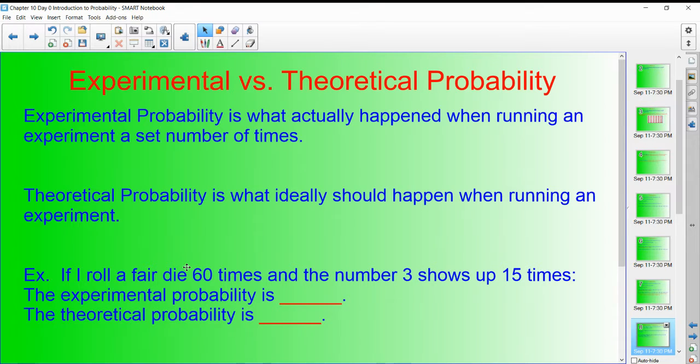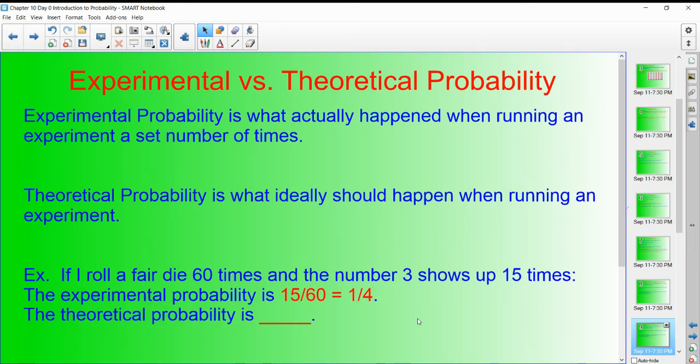So if I roll a fair die 60 times, one die, so 1 through 6 are possibilities, and 3 shows up 15 times, my experimental probability is 15 out of the 60, and I can simplify that fraction to 1 out of every 4 times. So I see a 3, 1 out of every 4 times.